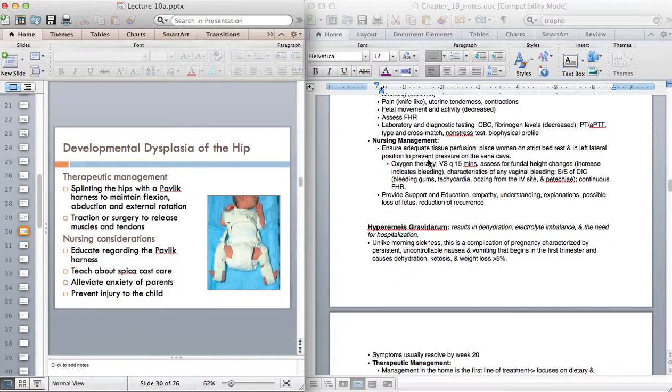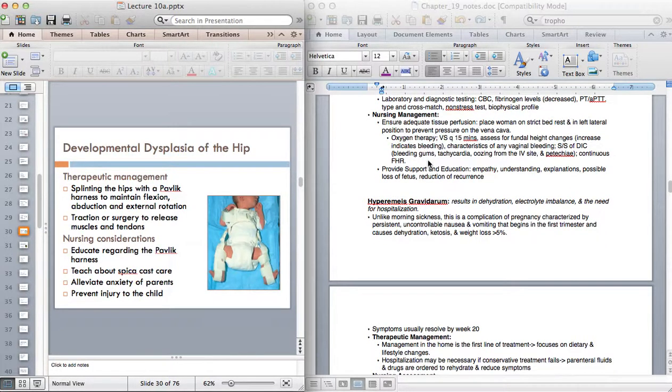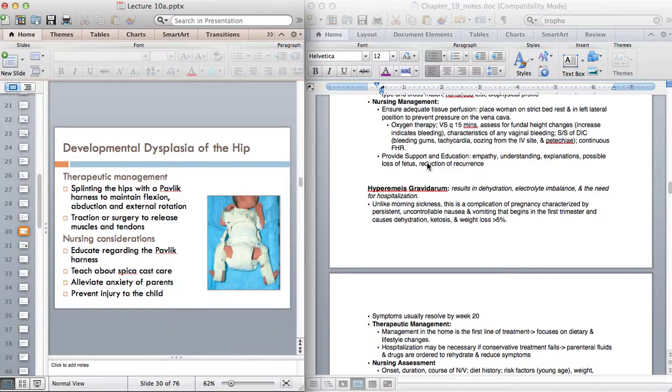So in either way, parents need to be taught how to maintain the cast and or the harness. Okay. They will also need to know the signs and symptoms to watch out for in the neurovascular assessment of the extremities.